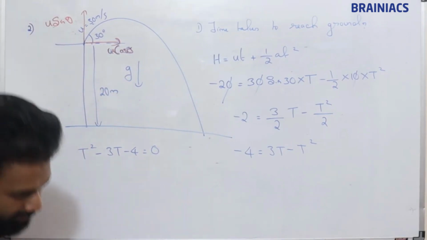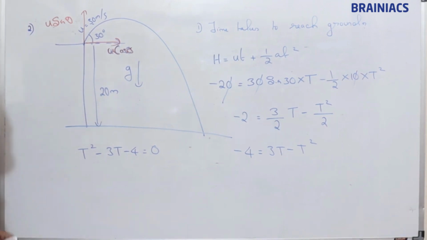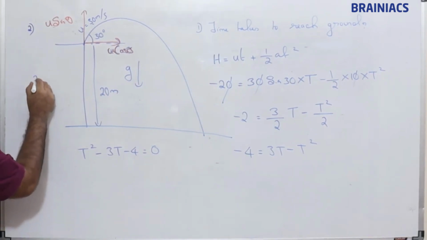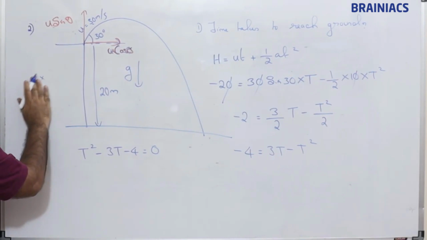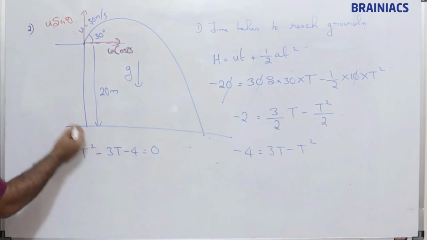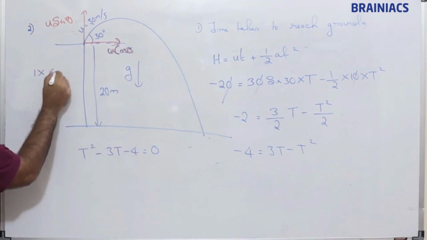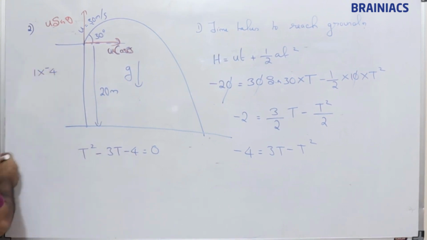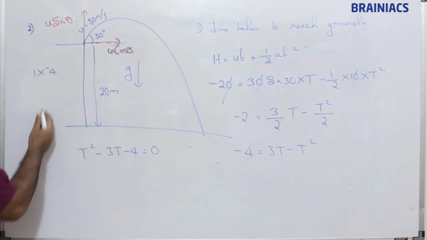How to solve this? Solve this quadratic equation so that we will get an answer. 4 is nothing but 1 into 4, with 1 into minus 4 here.